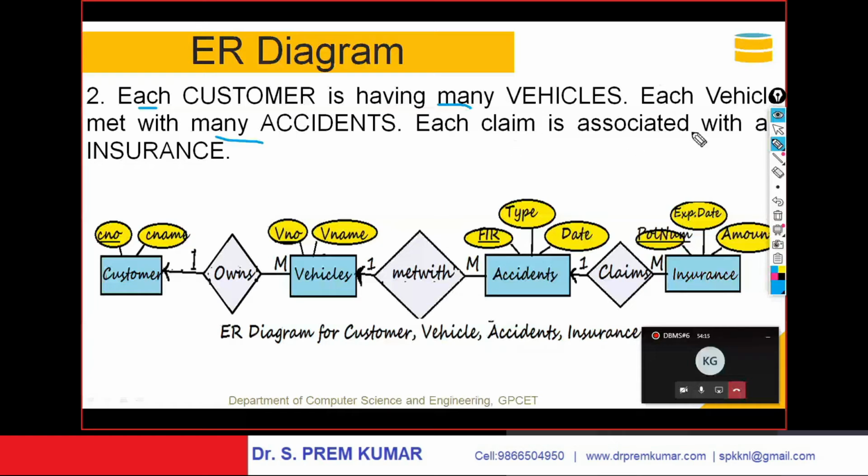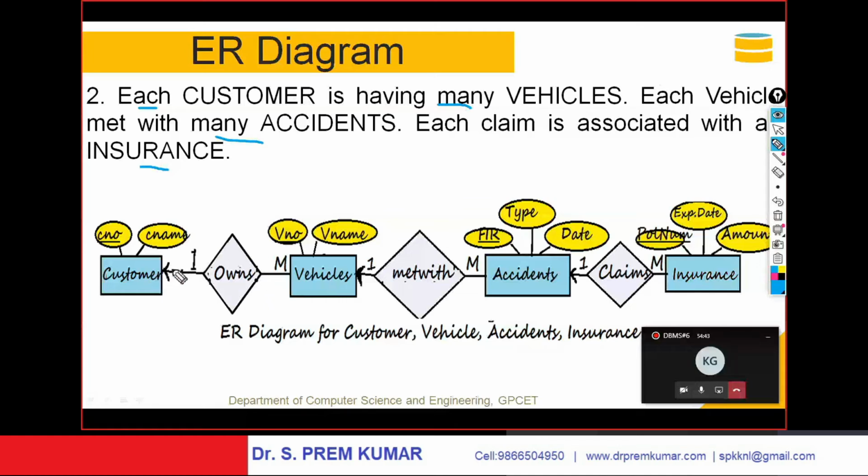Each claim is associated with many insurance. Observe the question carefully. Each customer is having many vehicles. Let me say a customer name is Prem. He is having many vehicles: a bike, a moped, a car. So each customer is having many vehicles.